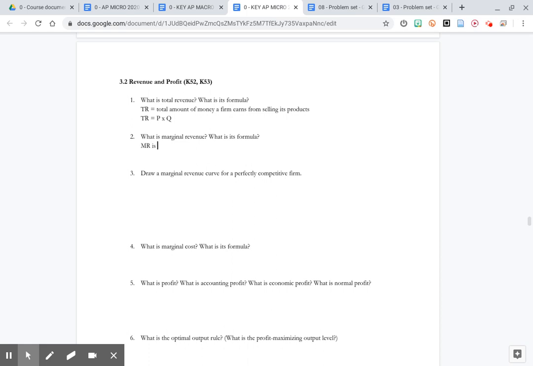Marginal revenue is the additional revenue from selling an additional quantity of products. Typically, an additional one unit is the easy way to think about it. So marginal revenue is equal to the change in total revenue divided by the change in the quantity of products sold.